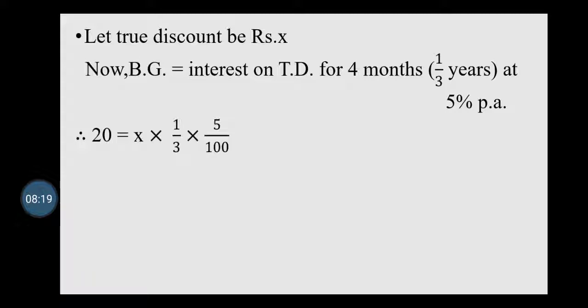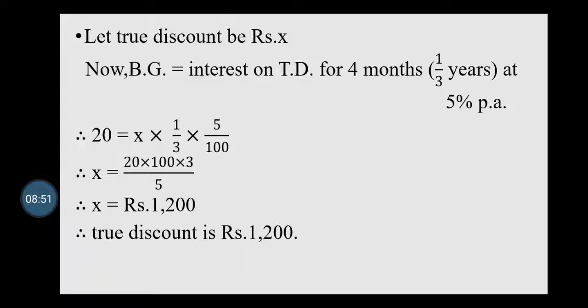So 20 equal to true discount means X, time is 1 by 3 year and rate of interest is 5% per annum means 5 upon 100. So X equal to 20 into 100 into 3 upon 5. So X equal to rupees 1200. As we consider true discount as rupees X, so the true discount becomes rupees 1200.